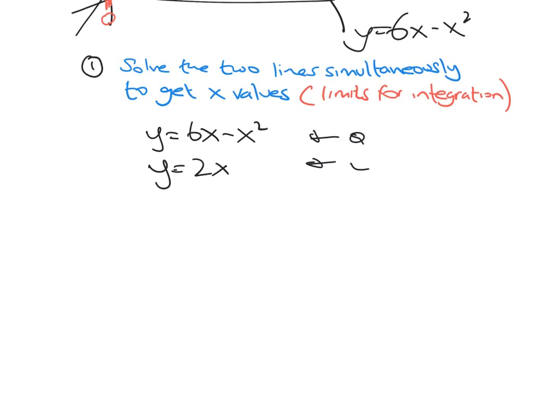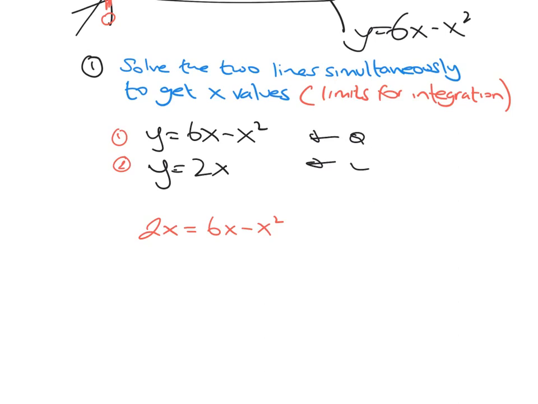When we were doing this before, I would have got you to replace anything that's y in the first equation with 2x, but because they're both equal to y, I can essentially just make them equal to each other. So if y is equal to 6x minus x squared and y is equal to 2x, then we can make them equal to each other.